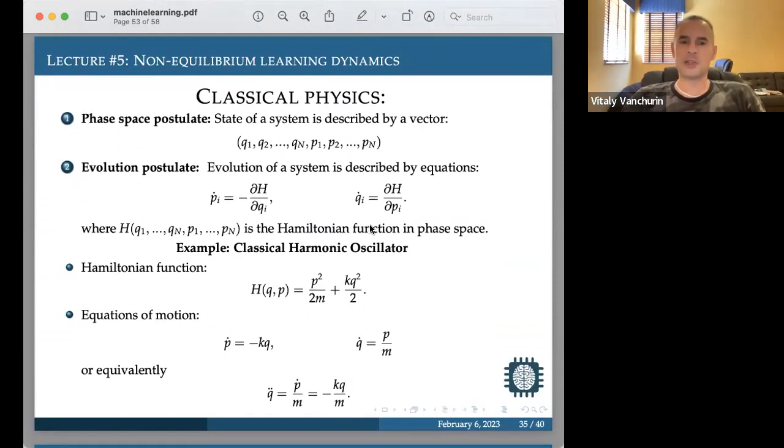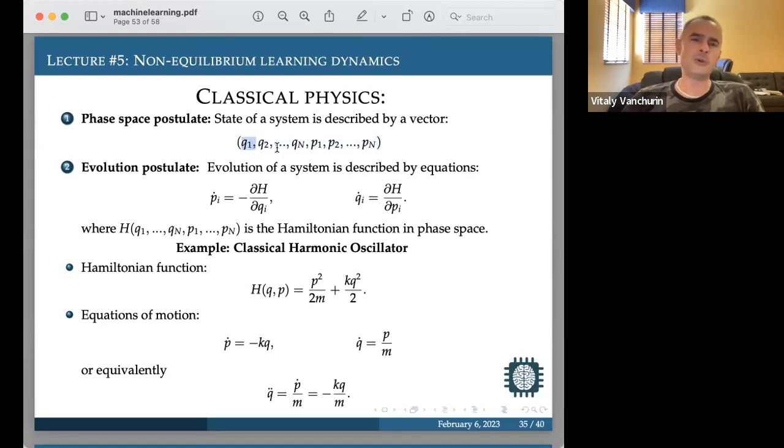Now, the state space of a classical system is described by a vector in an even dimensional space. Always even dimensional space. We can discuss why that's the case, but all of the classical system seems to work that way.